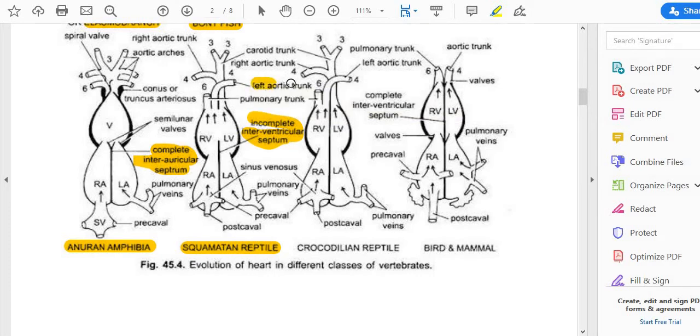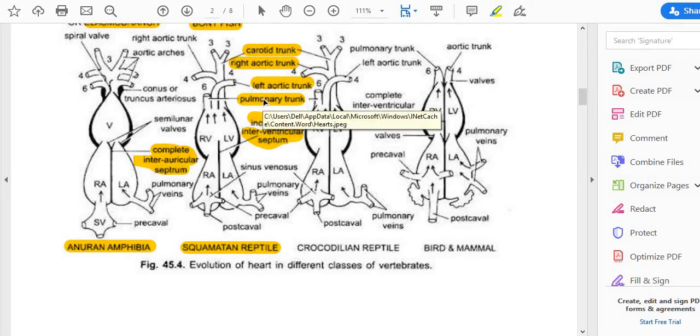They are also called the systemic arch. Then the pulmonary trunk, also called the pulmonary arch, and the carotid trunk, also called the carotid arch. So these three are the 3 pairs of aortic arches found in reptiles.